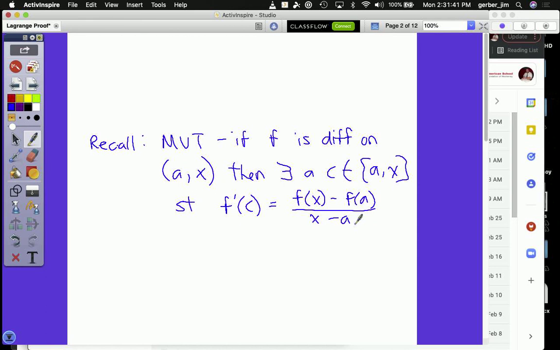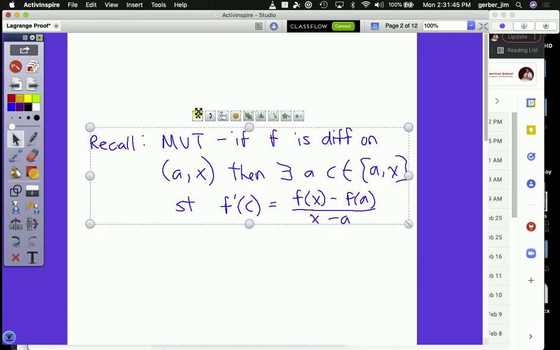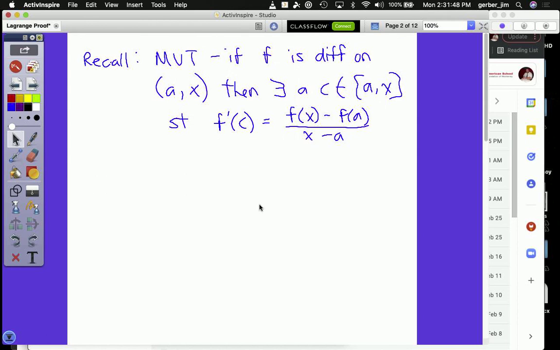Okay? Oftentimes when we look at the mean value theorem, we use the closed interval ab, but I'm using the closed interval ax in this case because it leads me to where I want to go. But it's the same thing. Essentially, all we're saying is this.